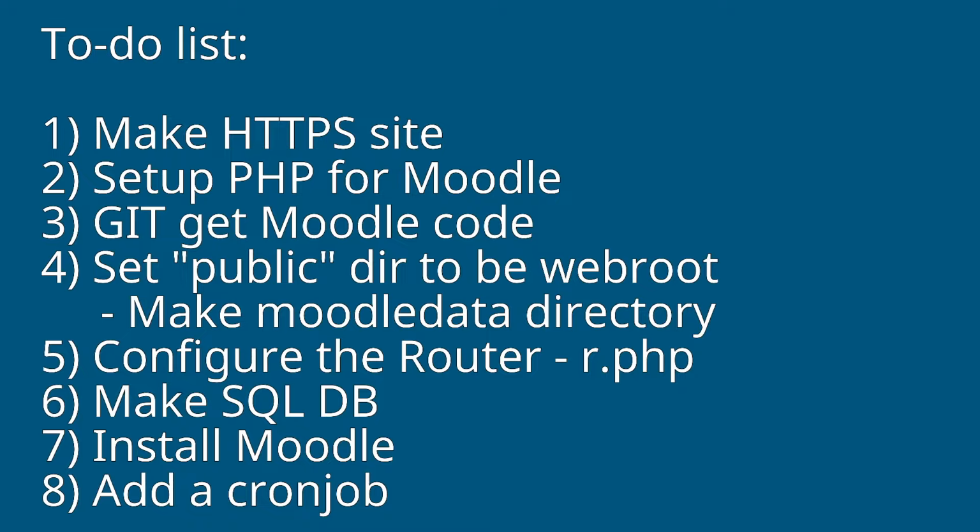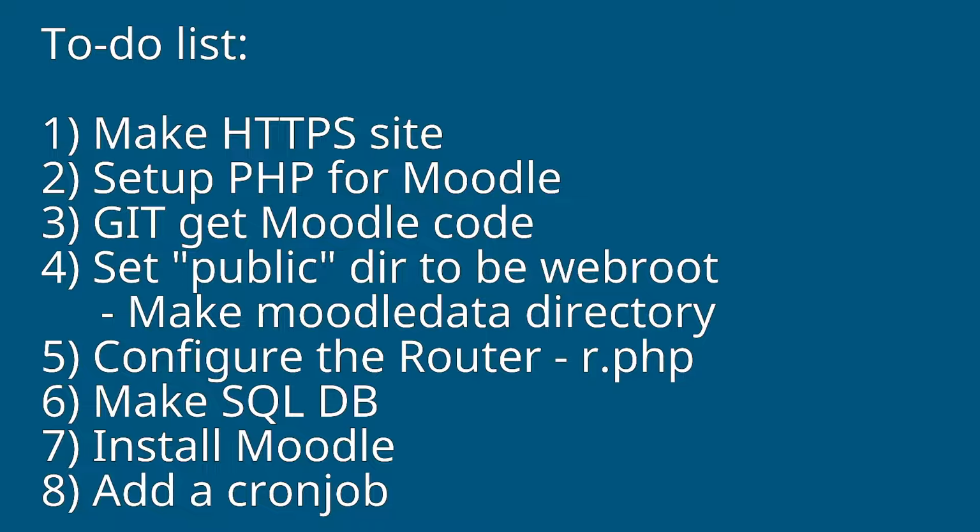Number 6, we're going to make the SQL database so that it actually has somewhere to go. And that one we won't be able to choose, I don't think. I doubt I'll be able to choose Postgres or whatever, because I will be at the mercy of the shared hosting provider. Whatever they provide is what I'm stuck with.